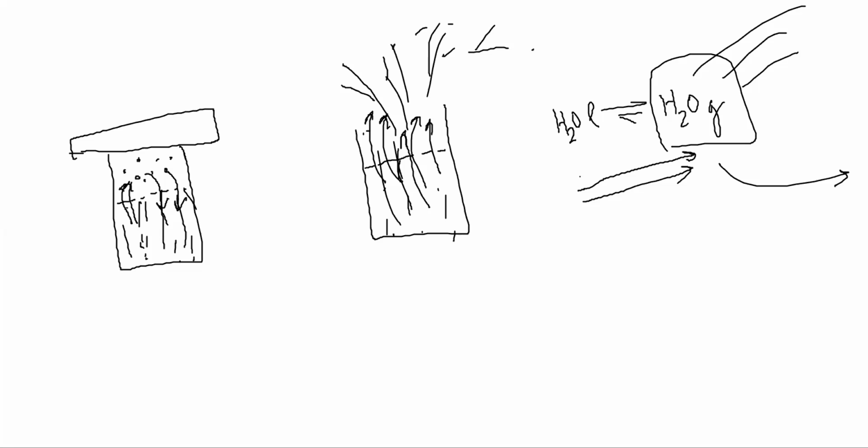So if you change the temperature, the reaction should relieve that stress, right? If I decrease temperature, the reaction should try to increase temperature by going in the exothermic direction. And if I increase temperature, the reaction will try to reduce the temperature by going in the endothermic direction, right?